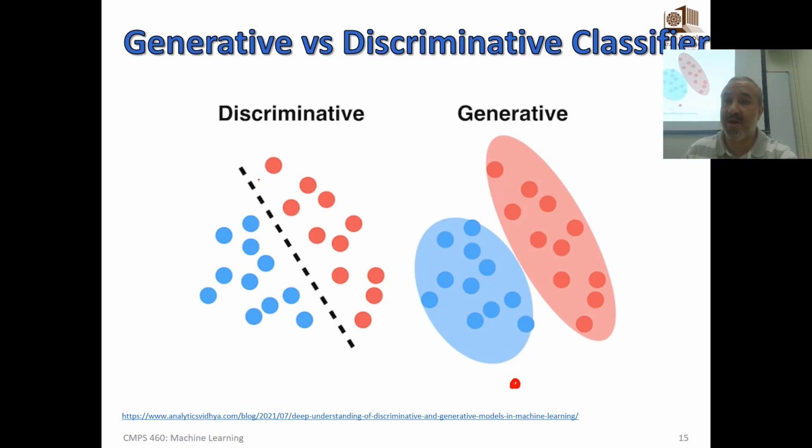But the discriminative classifier will just try to separate the two classes, regardless of how we can model this class or that class. I hope it is clearer now. Just the concept; we will not get into details here, but just the concept of what a generative classifier is and what a discriminative classifier is. Any questions?